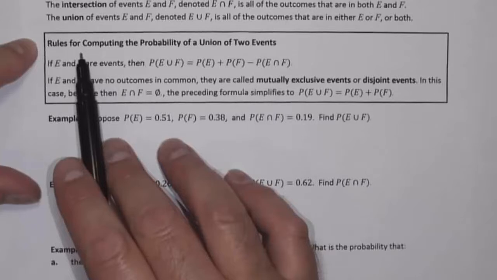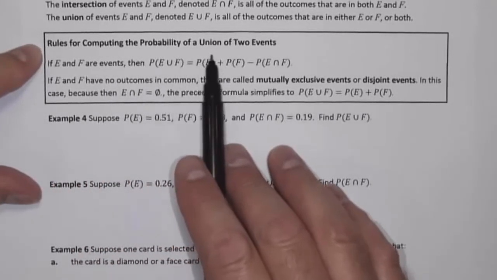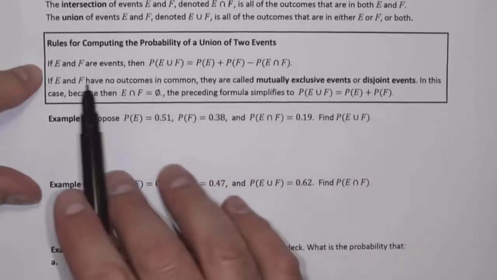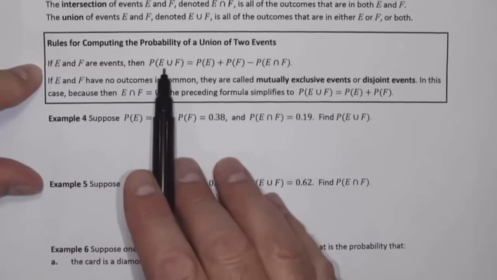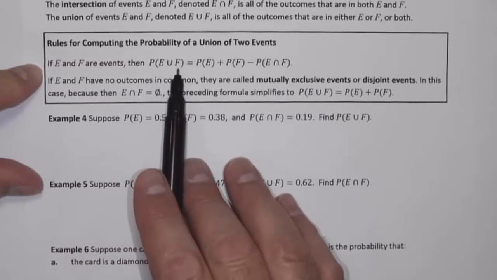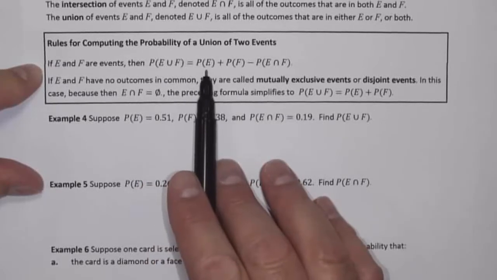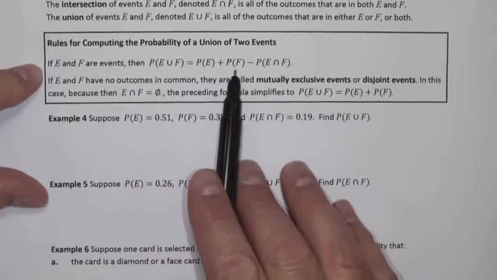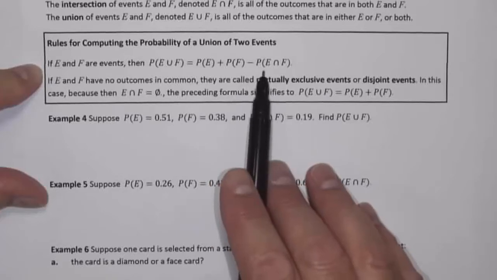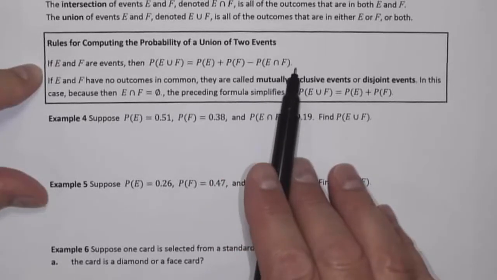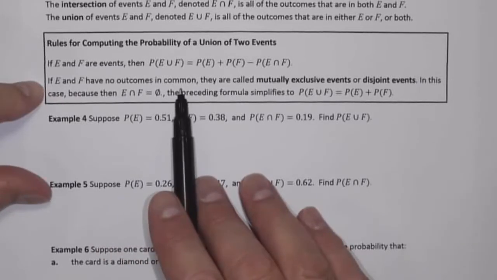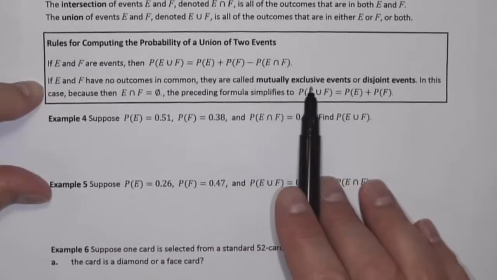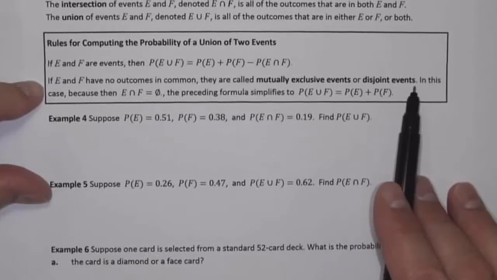Now, looking at rules for computing the probabilities of a union of two events. If E and F are events, then the probability of E union F is equal to the probability of E plus the probability of F minus the probability of E intersect F. If E and F have no outcomes in common, they are called mutually exclusive events or disjoint events.